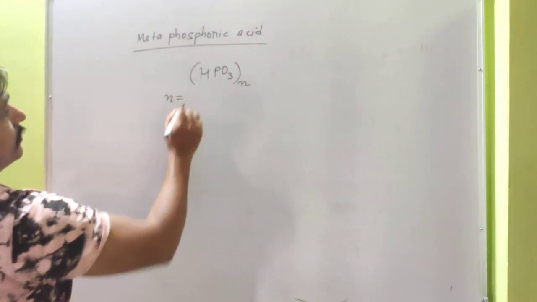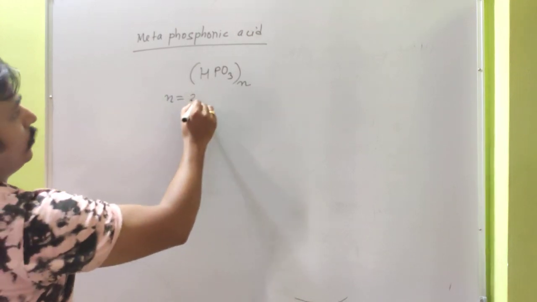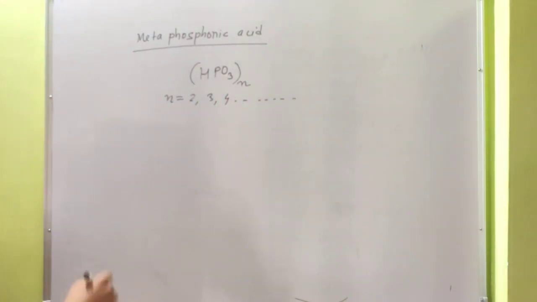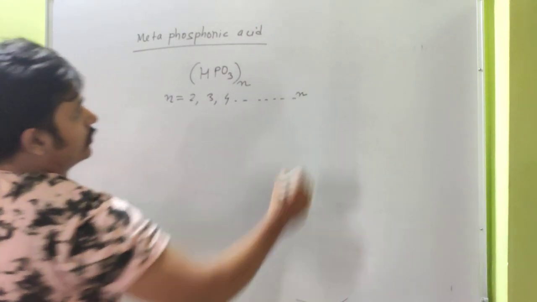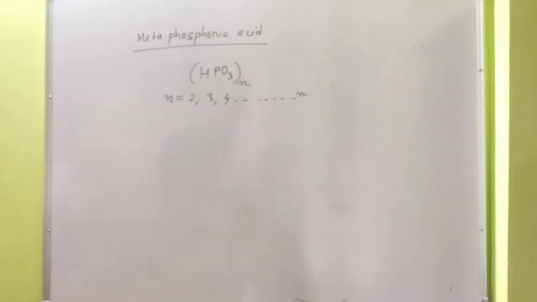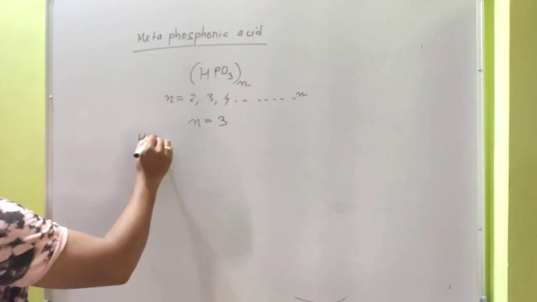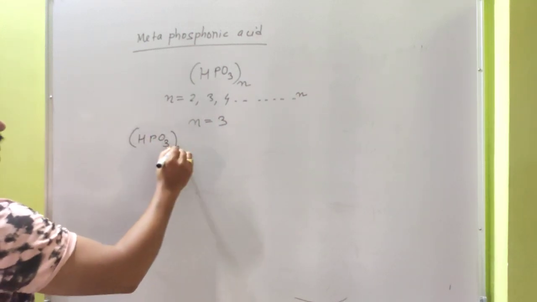Here n can be 2, 3, 4 up to n. Now suppose n equal to 3, the formula would be HPO3.